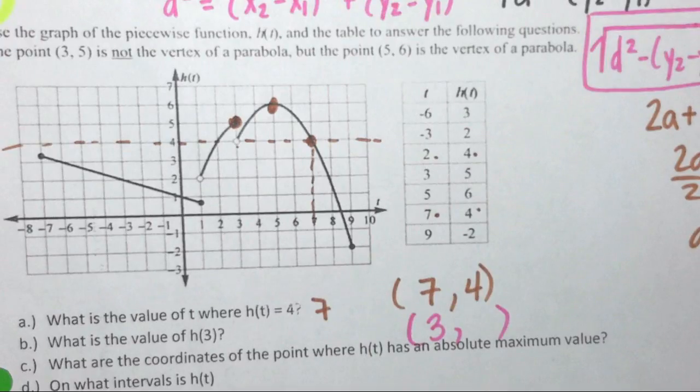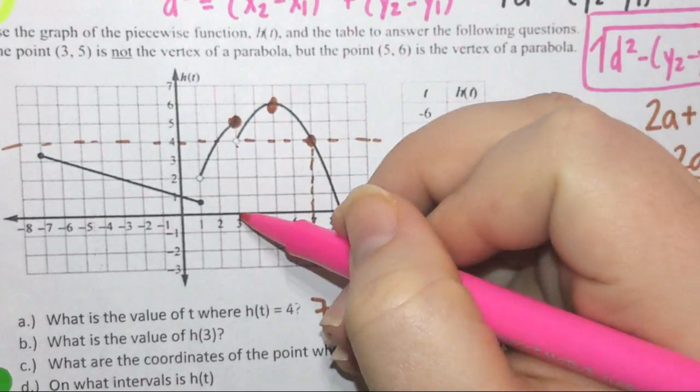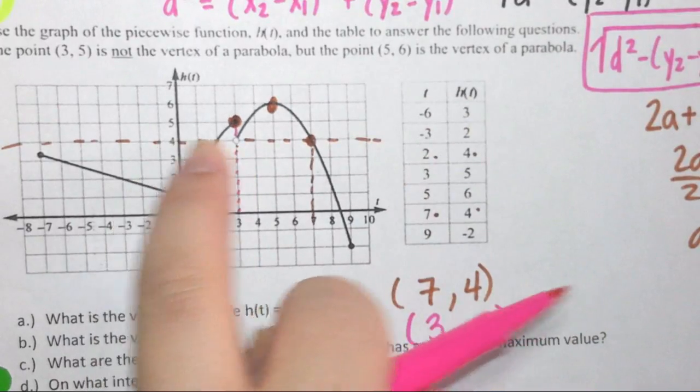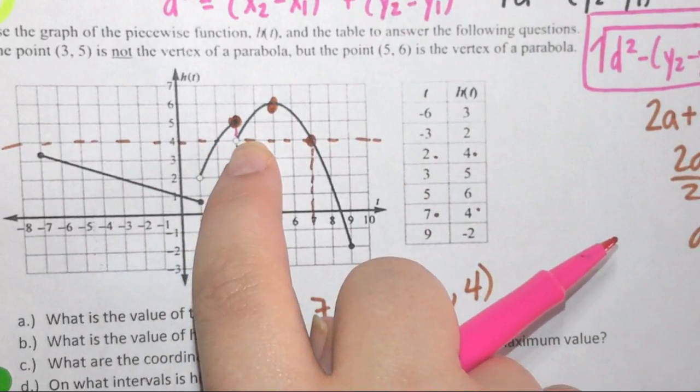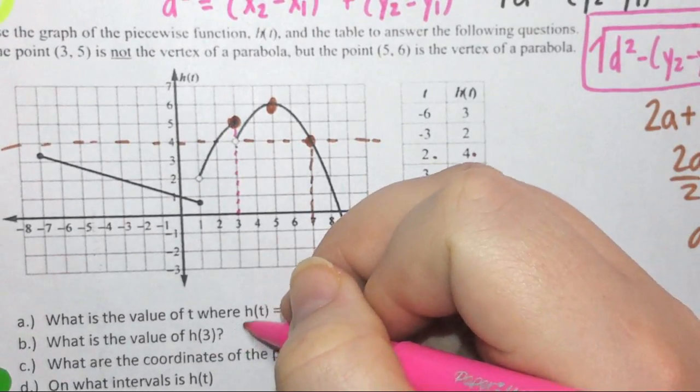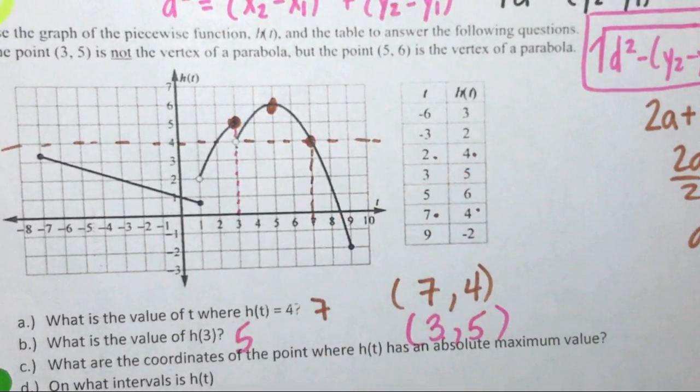When x is 3, we're at 3 on the x-axis. People were saying that it was 4, but 4 would be wrong because it's an open circle at 4. We have to go to 5, so it's 5. So the value of h of 3 is 5.